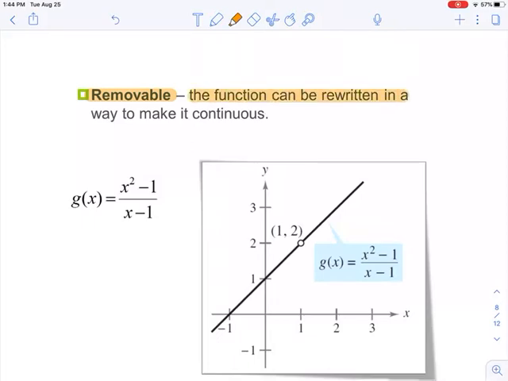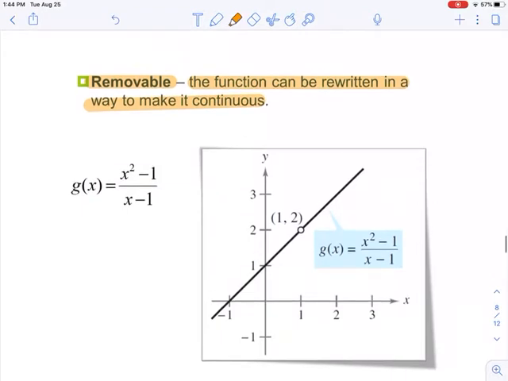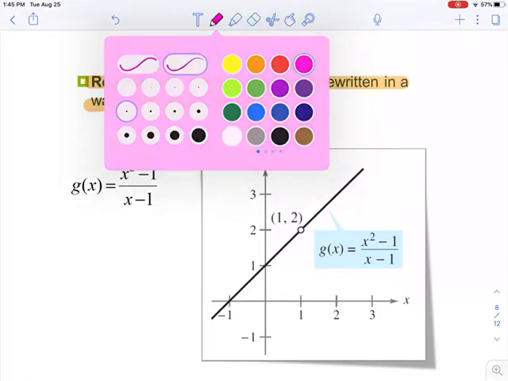Okay, so the first kind of discontinuity we have is called removable. Removable discontinuity means the function can be rewritten in a way to make it continuous.